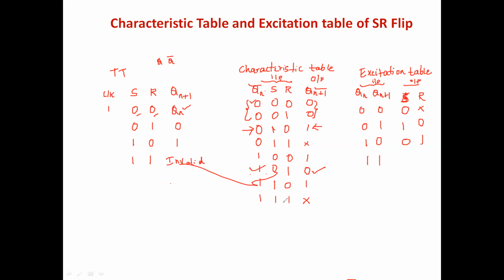Next for 1 1 combination, you will not be having the values because we will not be using this condition. So this is invalid condition.